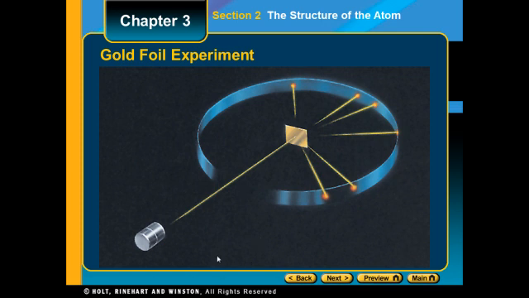Here is the gold foil. The expectation was that the alpha particles would pass through the gold foil that has only negative charge, as Thomson said. But the surprise was that some alpha particles were deflected back. This suggests that the gold foil has some positive charge, which is called the nucleus.